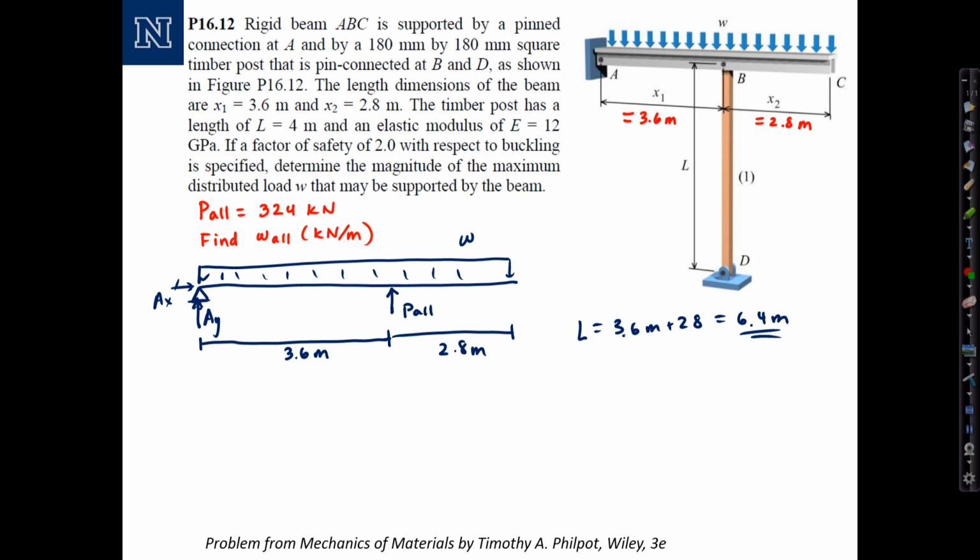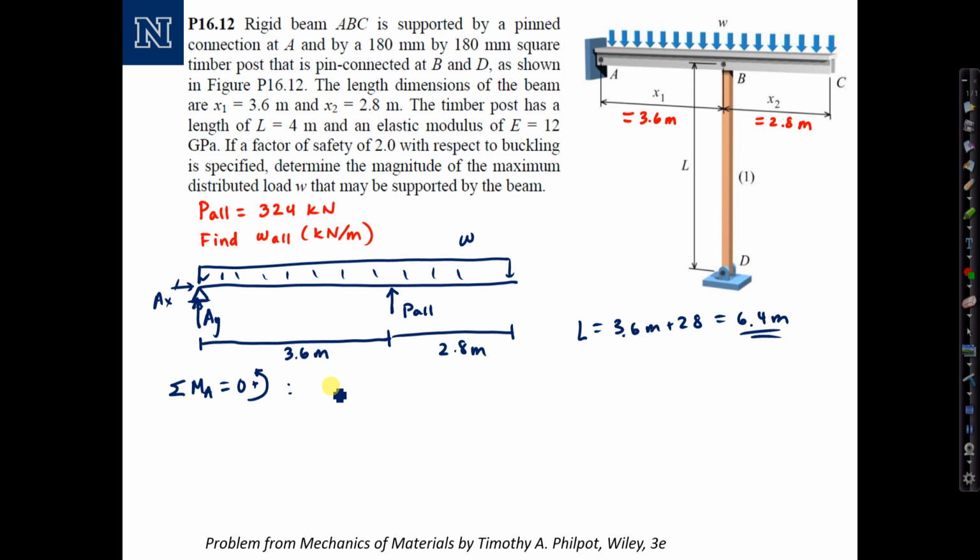So it turns out all I need to do is find the relationship between W and P allowable, and I can do that by summing moments about point A. I don't need to find A sub y. Sum the moments about A, set them equal to 0. I'm going to take moments positive in the counterclockwise direction.